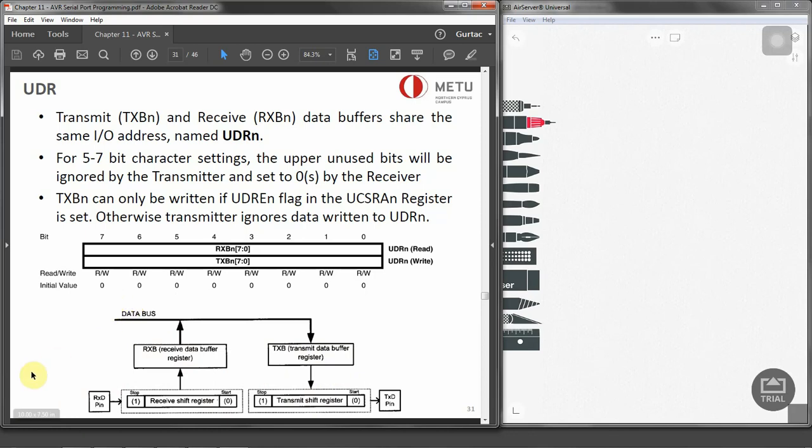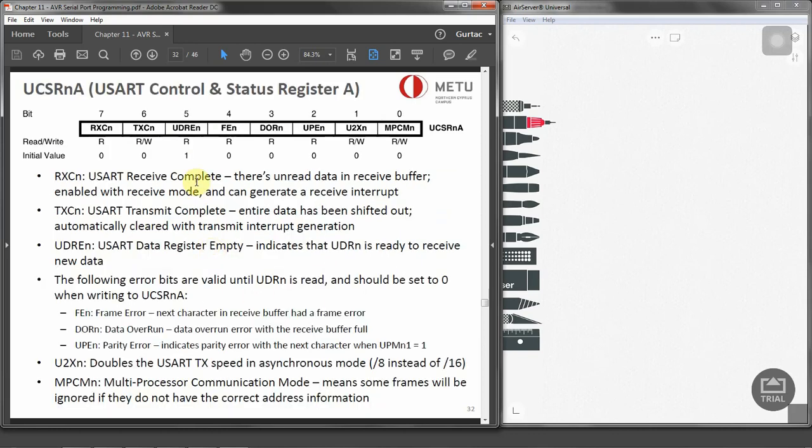Now, UDRn, RxBn or TXBn, they have the 8-bit values over there, and that's how we can read these. Now, the control registers. As we have already said, we have got 3 control registers over here. UCSRnA is the first one, and it has different functionalities in USART.